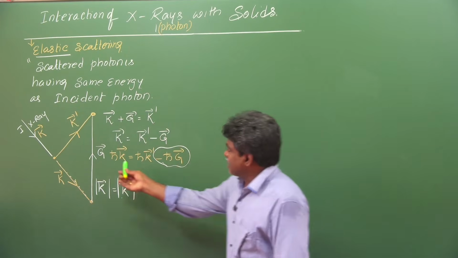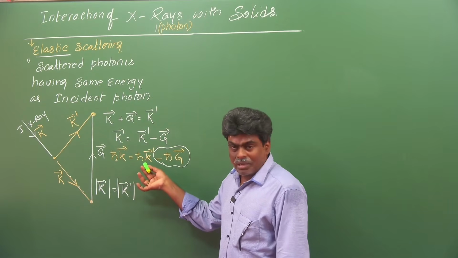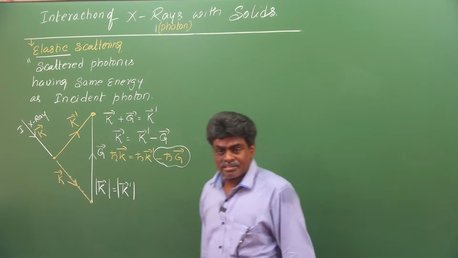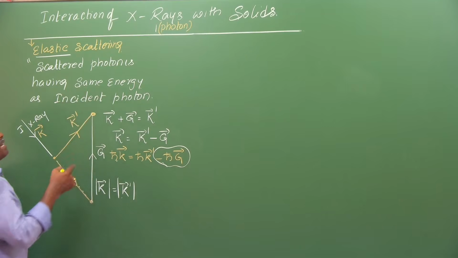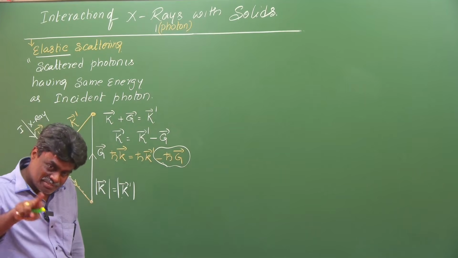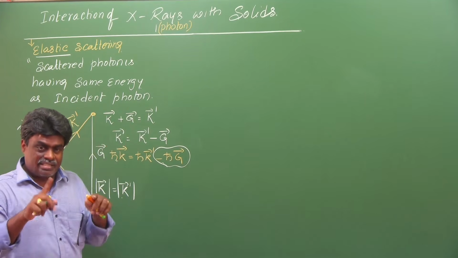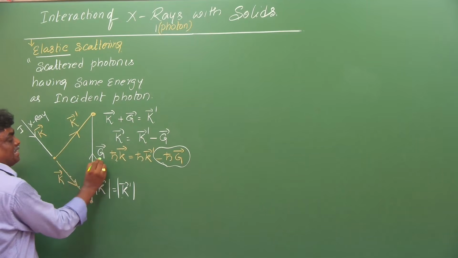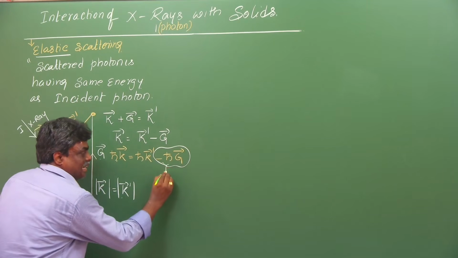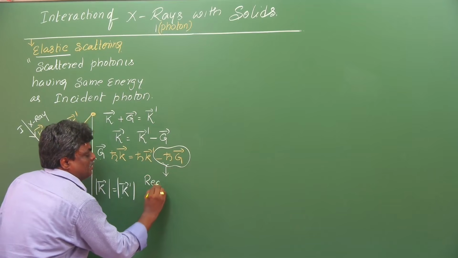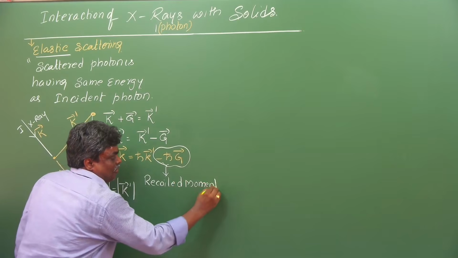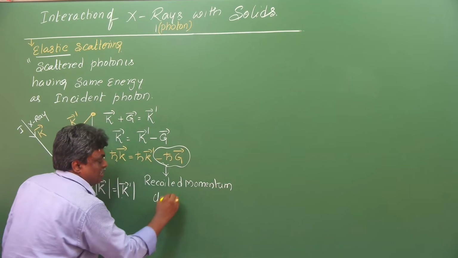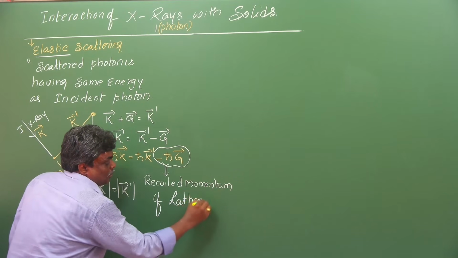This is the momentum of the incident photon. This is the momentum of the scattered photon. Then what is this? All these things we are studying in which space? The entire crystal is represented by the reciprocal lattice vector G, and this indicates the recoiled momentum, very important, recoiled momentum of the lattice.